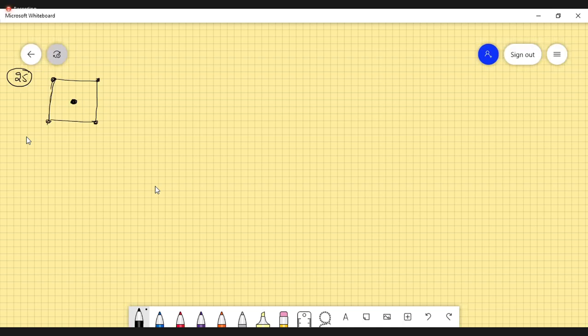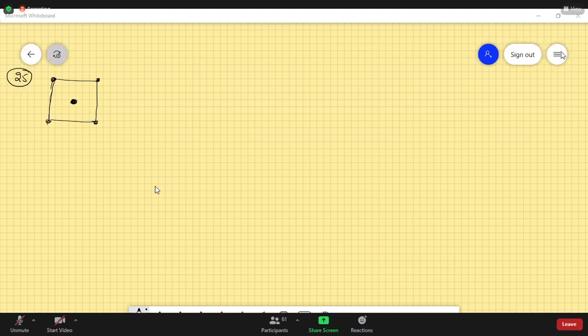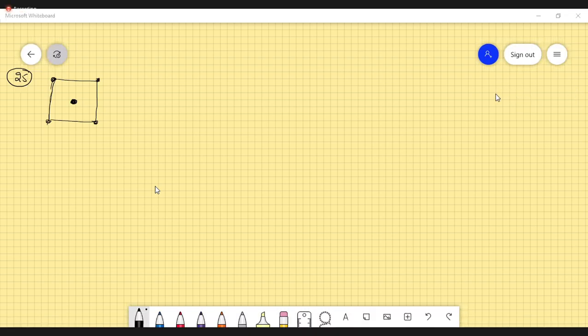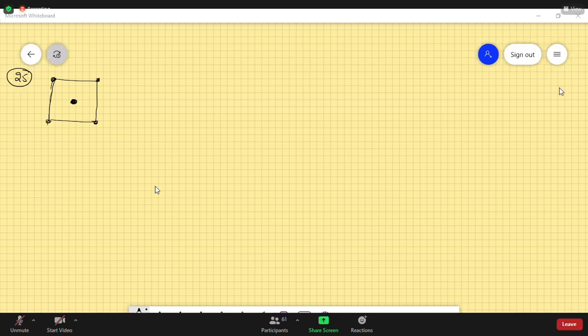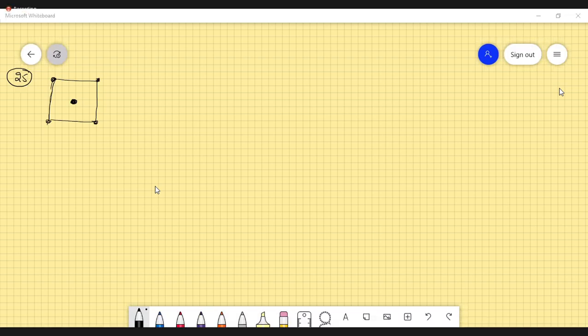Suppose this is a plane with corners 1, 2, 3, 4, and the moment of inertia is taken perpendicular to this plane. This is the plane, and the axis perpendicular to the plane through the center is what we have to calculate. Understood? Yes, sir.